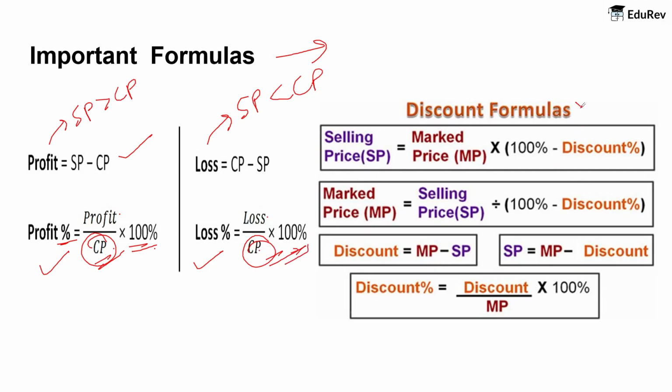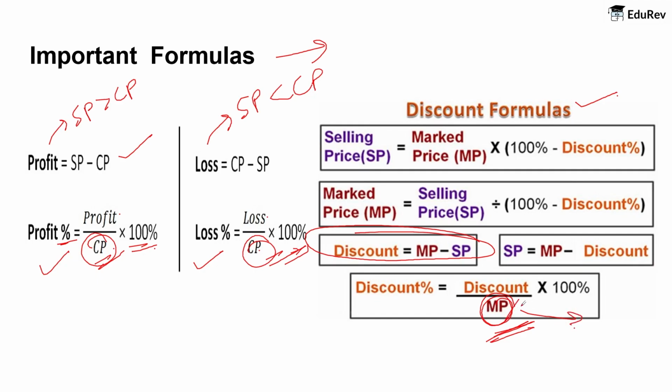And then there are some important discount formulas. For discount, discount is always mark price minus the selling price. If you have to calculate discount in rupees, discount is always given as mark price minus the selling price. And if you have to calculate the discount percentage, then you will keep mark price as your context, because when you are giving discount to someone, it is always given on the MRP.